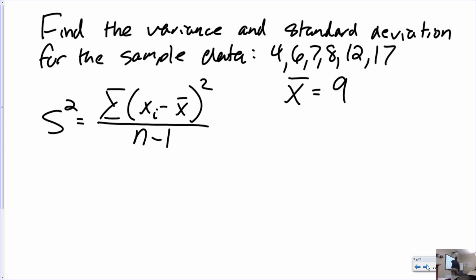So now how do I do this weird x sub i minus x bar squared thing? What is my first number, folks? 4. Yeah, 4 is my first number. What is 4 minus 9?